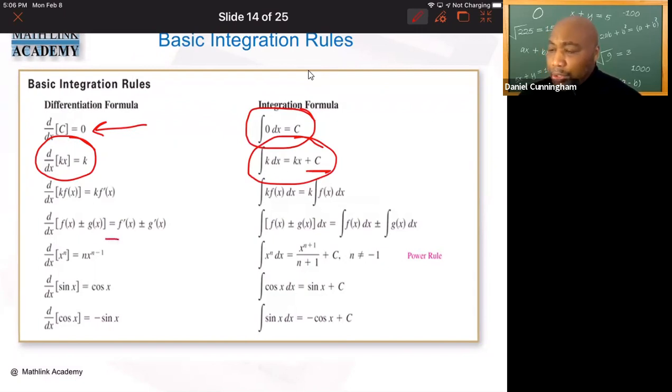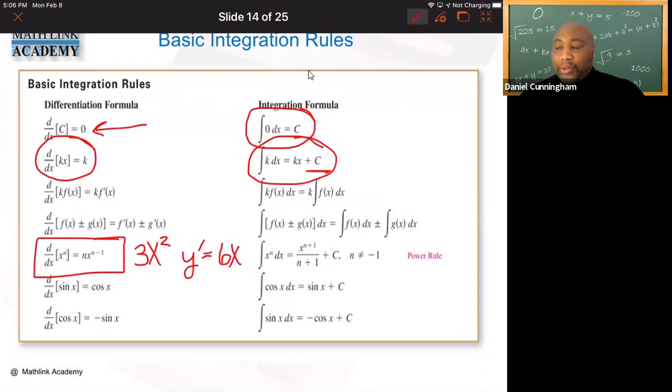The one we're going to use is this power rule here. You already know the derivative of x to the n. So if I had 3x squared as my function, I already know the derivative y prime will equal 6x, and that'll be our answer. That's basically the derivative.